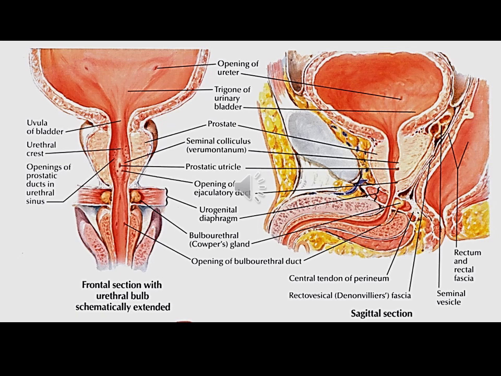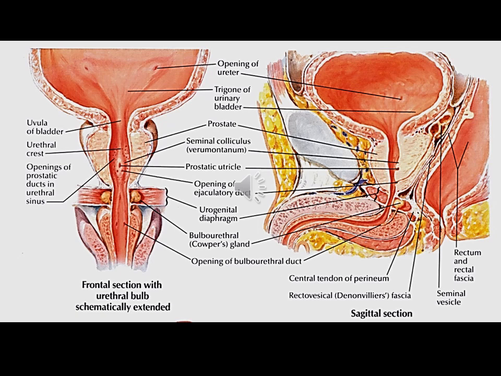We have two diagrammatic representations in the next slide. On the left side you can see a coronal section. Here he says frontal section, both are same. We can see the interior of the urinary bladder with the openings of ureters in the posterolateral angles and the internal urethral orifice, and that is where the urethra is beginning.